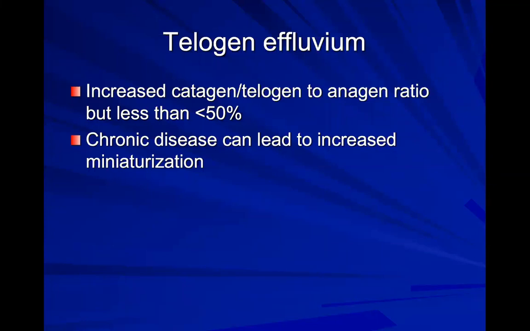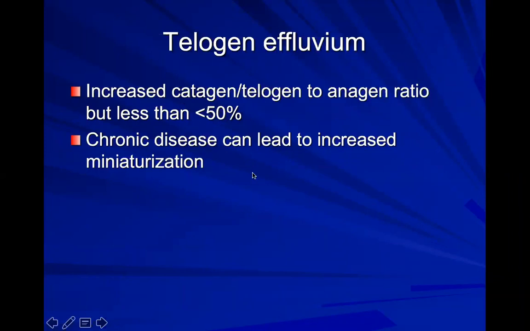increased ratio from normal, which we said was normally 85% anagen and about 15% catagen telogen. You might increase to like 20% catagen telogen or 30% catagen telogen and down to 70% anagen, but it'll always be less than 50%, which is why people don't go bald, right, with telogen effluvium.